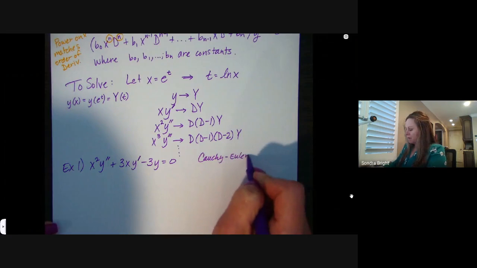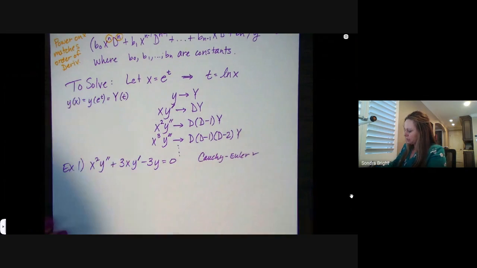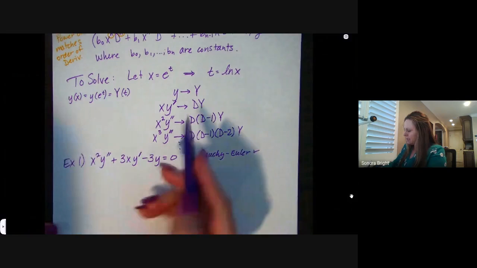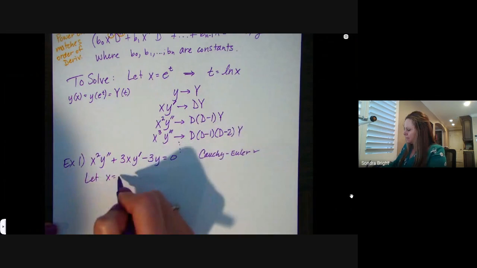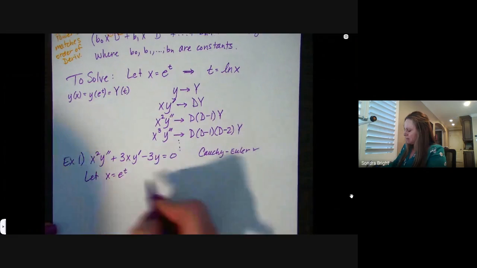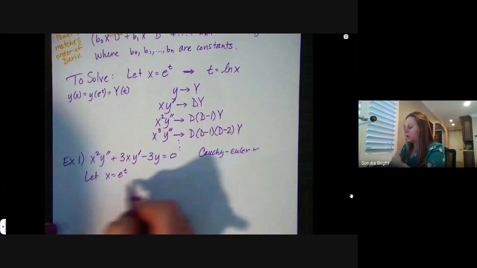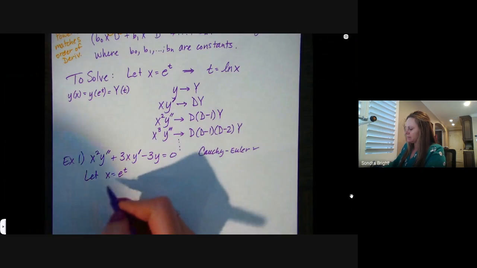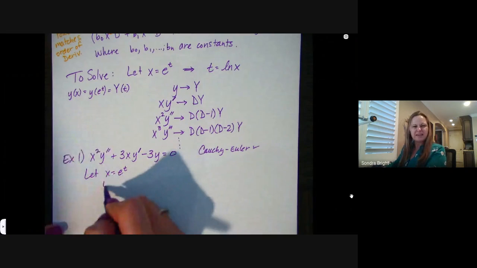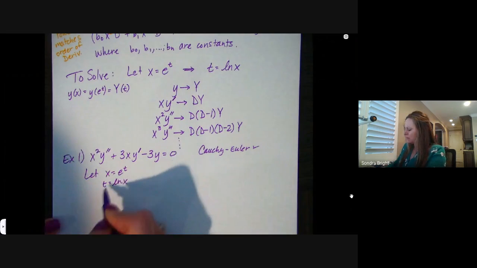All right, now remember, I'm going to do these substitutions. I'm going to let x equal e to the t, which also means t would equal the natural log of x. If I end up getting a t somewhere in my answer, then that's where that will come in.